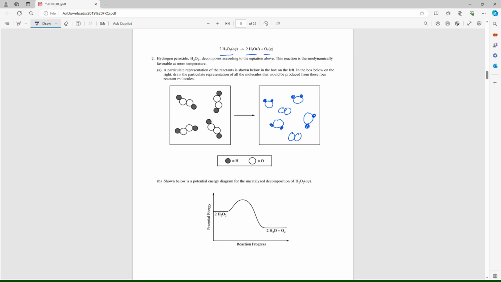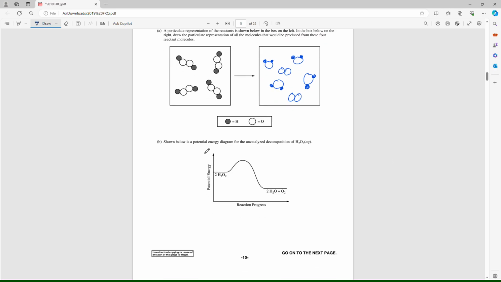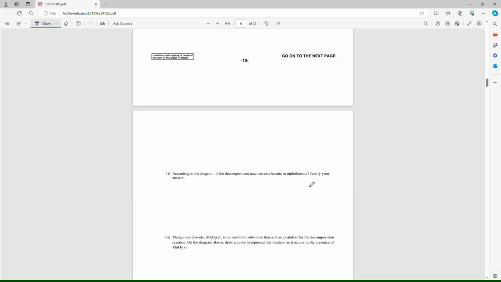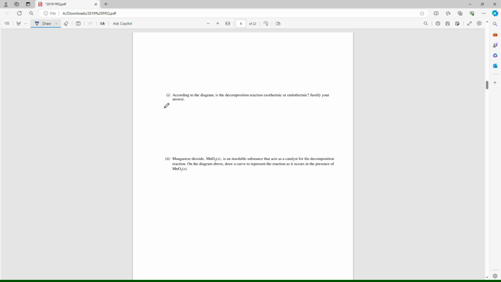And that's it. Shown below is a potential energy diagram for the uncatalyzed decomposition of H2O2. According to the diagram, is the decomposition reaction exothermic or endothermic? Justify your answer.